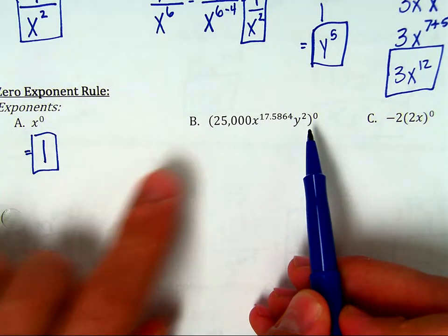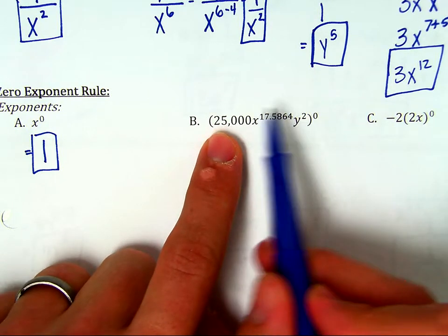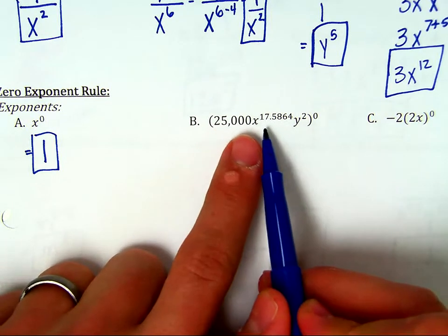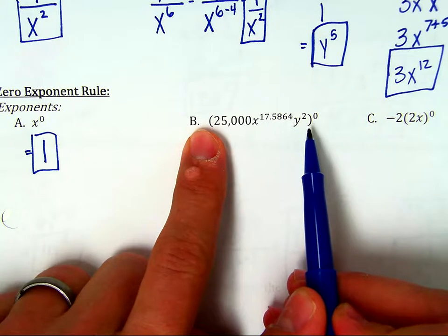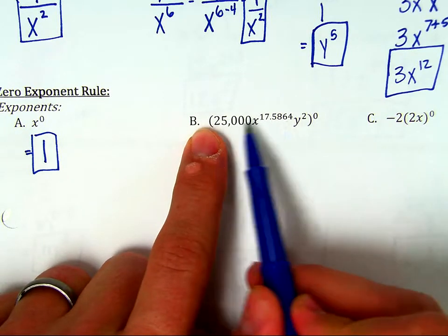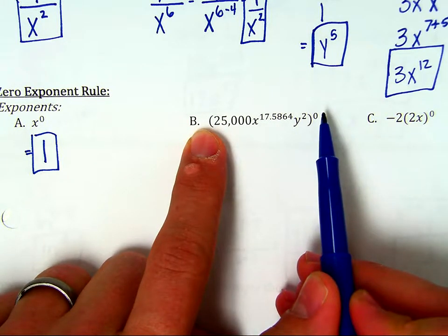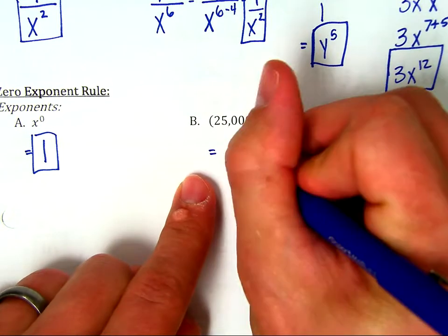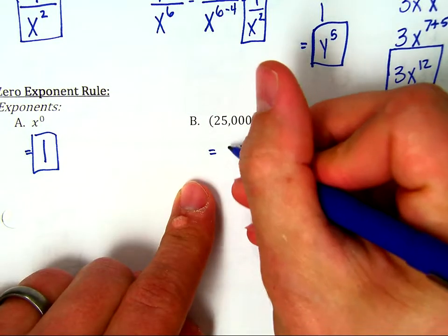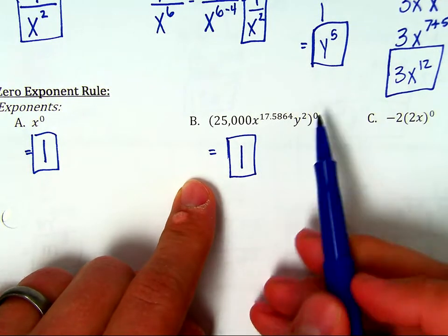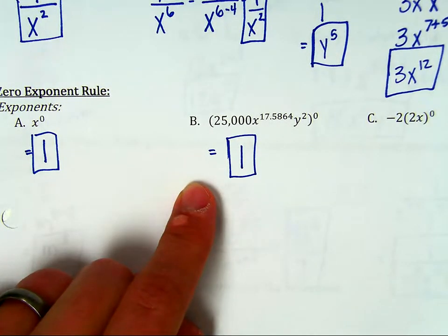Okay, complicated, big fancy number or whatever, but notice that all of it is in parentheses. So the entire expression is being raised to the 0 power. So that means your answer is just 1. It doesn't matter what number it is, if it is raised to the 0 exponent, it's equal to 1.